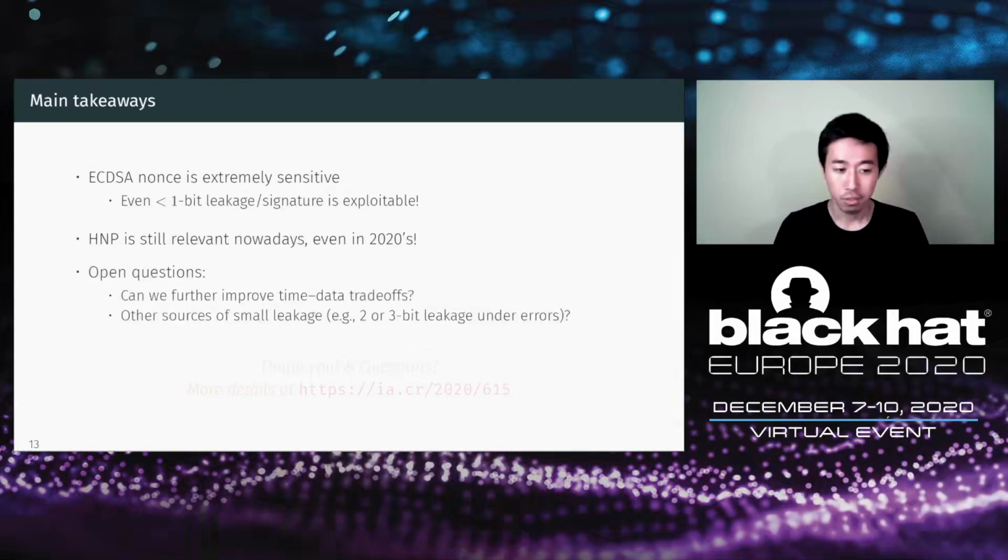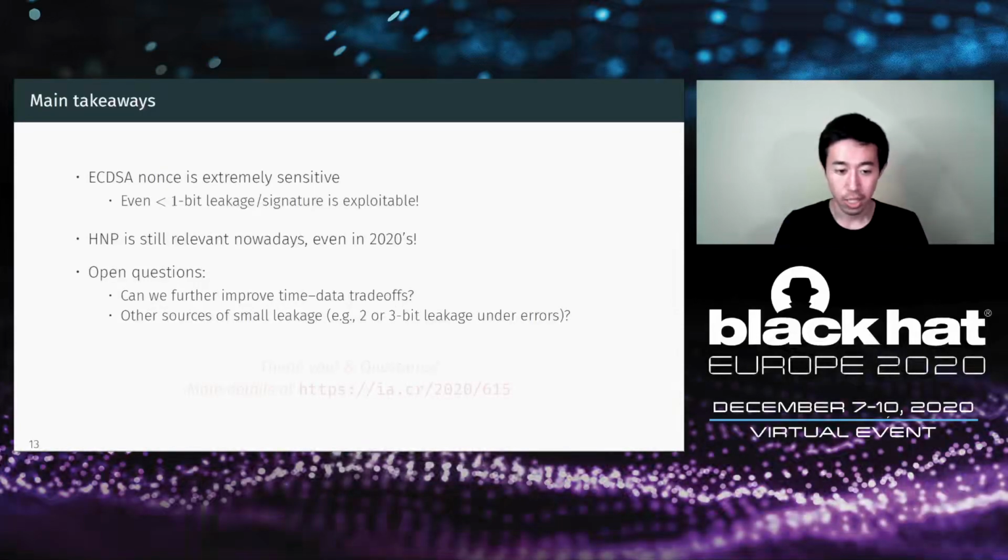And after the analysis, we got multiple interesting open questions. Of course, we want to know whether it's possible to further improve time data trade-offs. In our analysis, even though we managed to attack the 1-bit leakage, still it required at least millions of signatures.